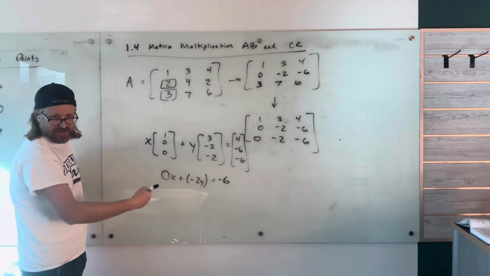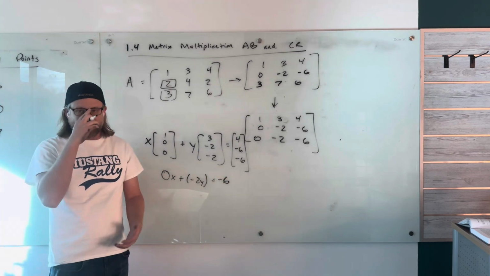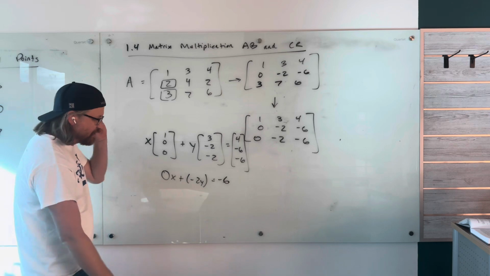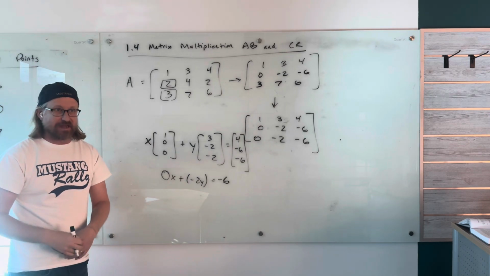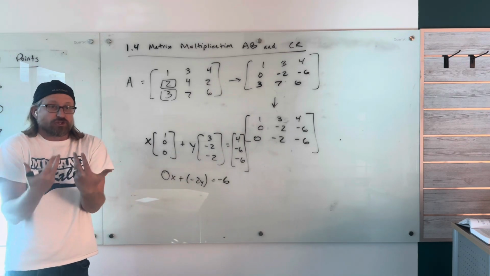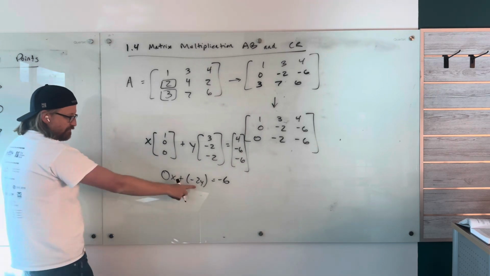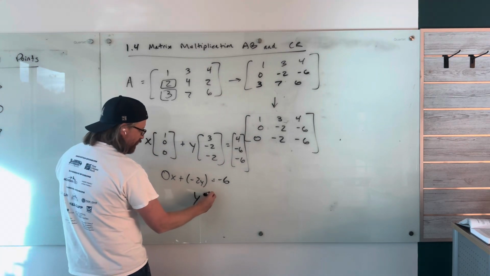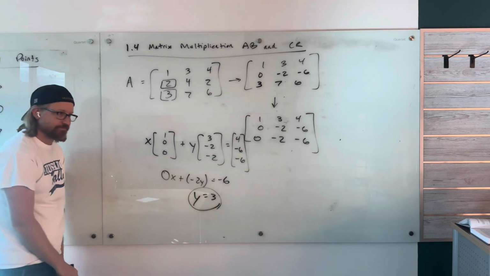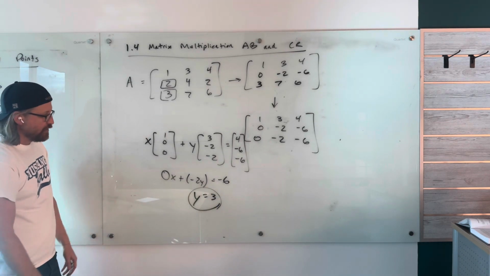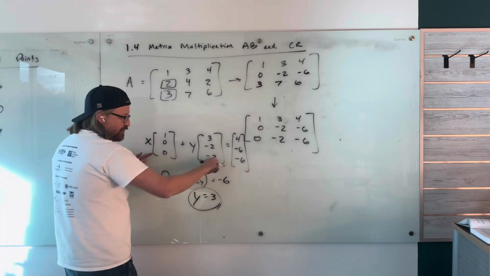We can solve this now, which is what happens when we solve linear systems using elimination. We eliminate our variables, so my equations will result in a single linear variable equation. By dividing by -2, we get that y is equal to 3. Notice the third line would give me the same result.